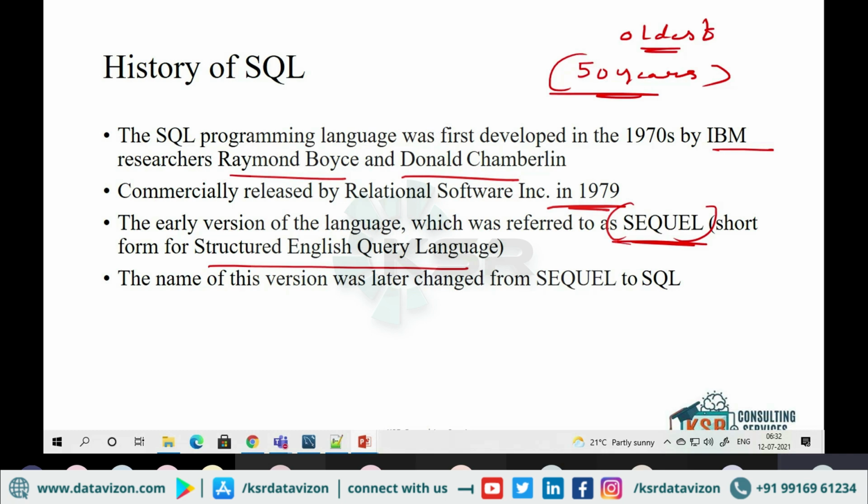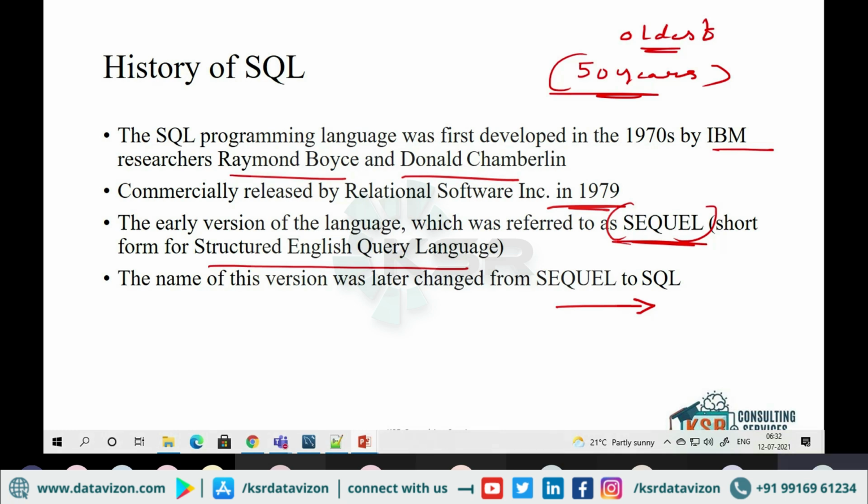So considering the copyright issues, they changed SEQUEL to SQL. Some people still call it sequel, some people call it S-Q-L, but it's your wish. I would call it structured query language, which is SQL.